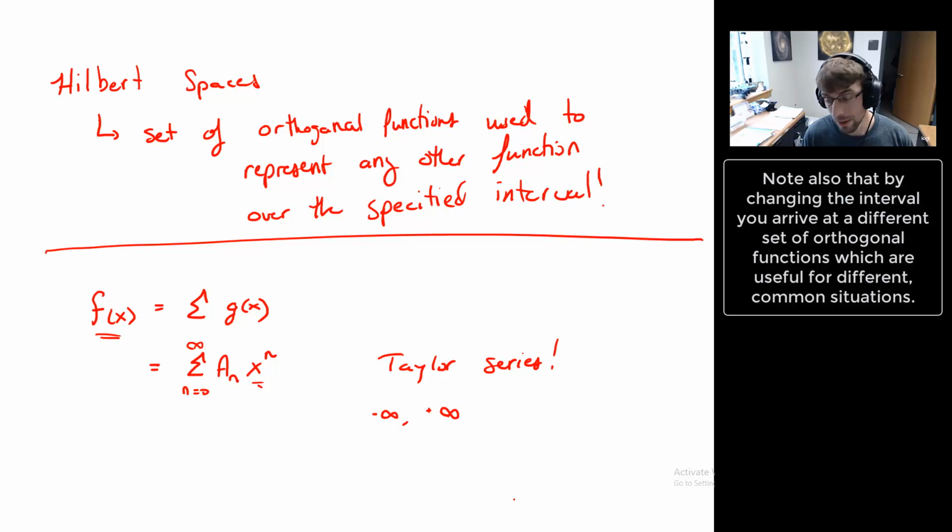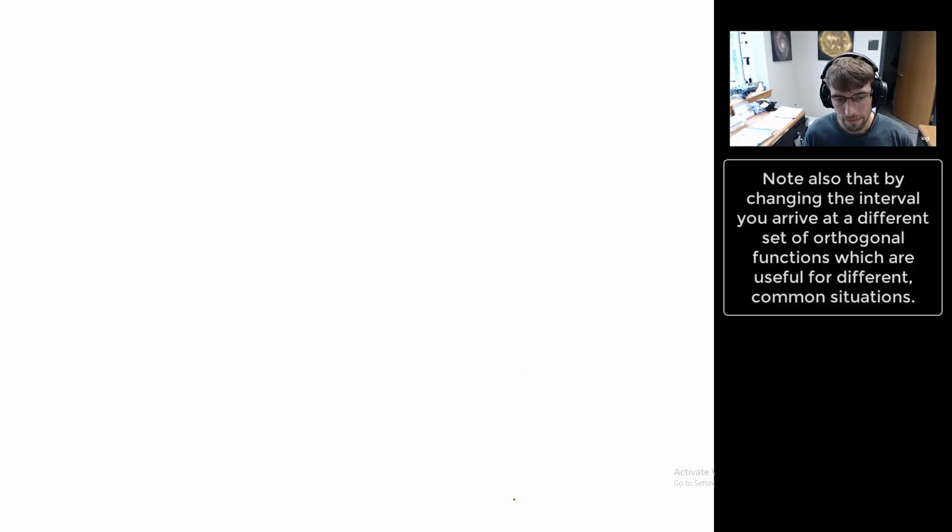So why do I go into this? The polynomials do indeed create a Hilbert space. You can use those polynomials to represent functions over the specified interval. And remember, the only restriction on those functions was that they had to be nice: smooth and continuous.